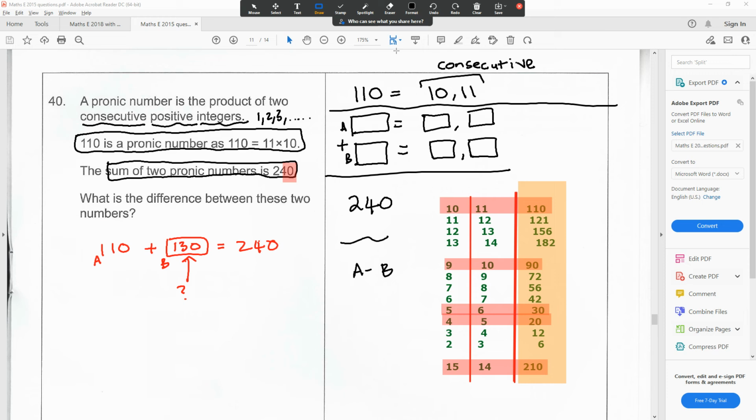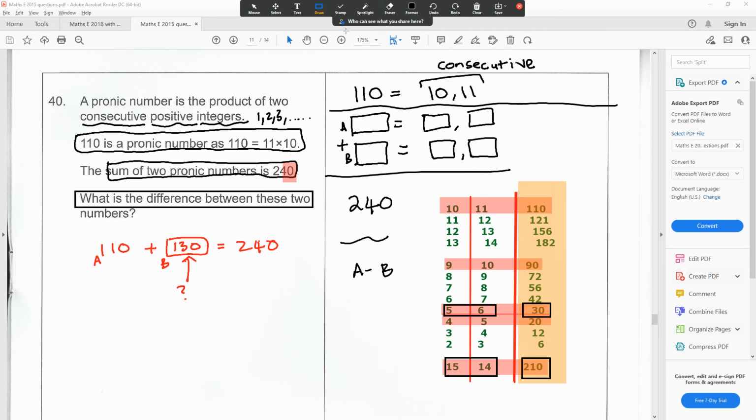Well done, Sophia. 210 and 30. Which means that is my two numbers that are consecutive. Okay. Now it says, what is the difference? The question then asks, what is the difference between these two numbers? So what is the difference between 210 and 30?